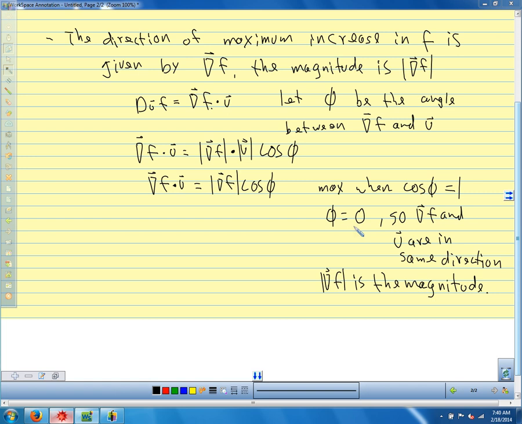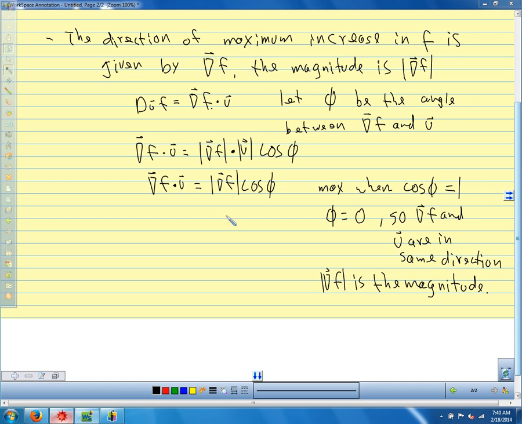So del F and our unit vector are in opposite directions. So the direction of the minimum increase or the maximum decrease is in the opposite direction of del F. So these two are kind of combined into one. It's minimized when cosine phi is -1, but I still get the same magnitude. So those two are related.